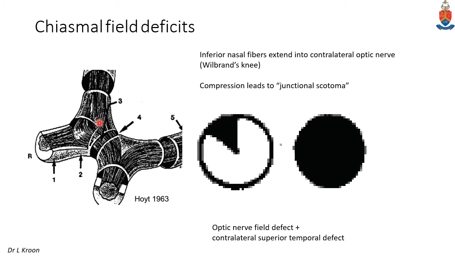And if one has a lesion here at number 2, one will have a complete visual loss due to an optic neuropathy on the right side, but in the other eye, the left eye, there will be a superior temporal portion of visual field loss. And this is the classical junctional scotoma. And the side of the lesion is dictated by the optic neuropathy. So a junctional scotoma is an optic neuropathy field defect plus a contralateral superior temporal field defect.